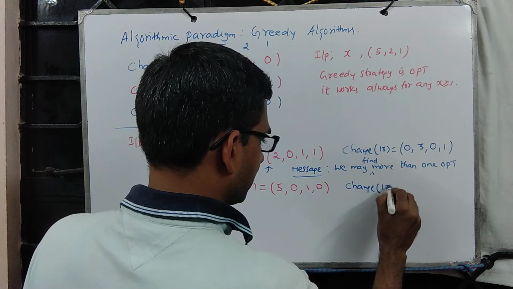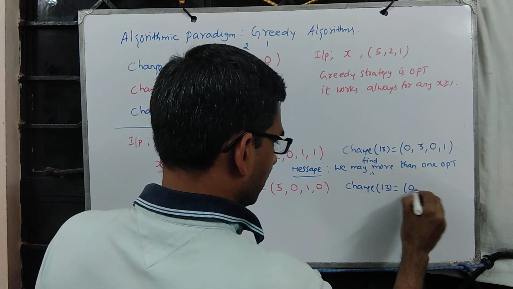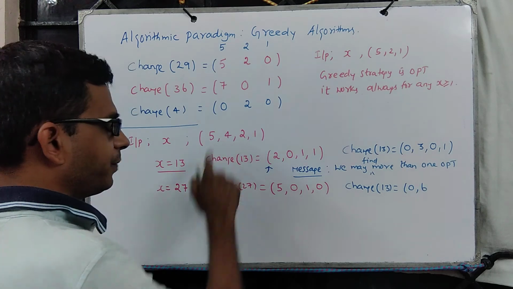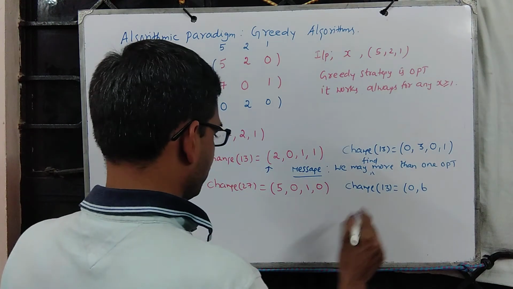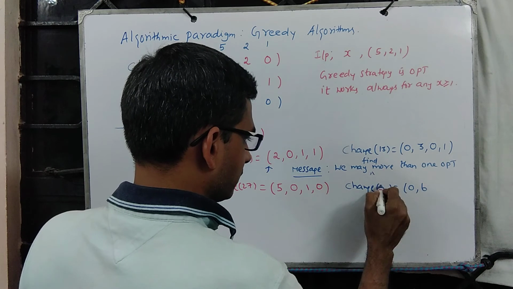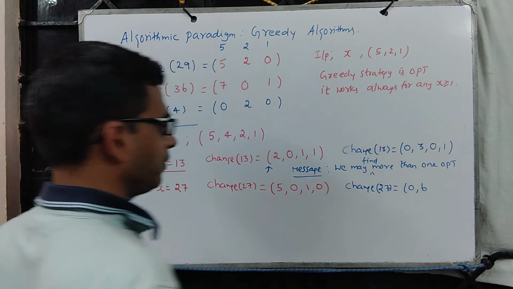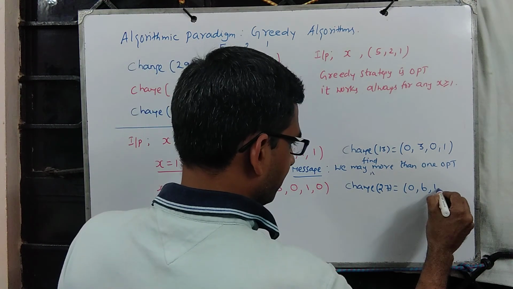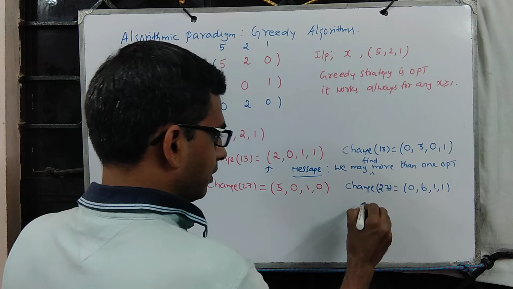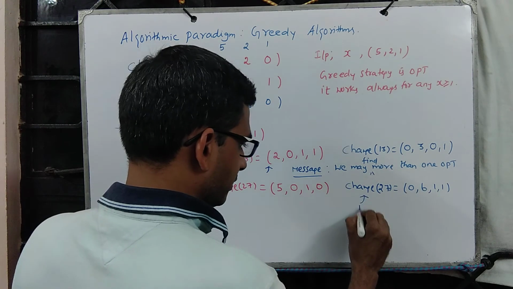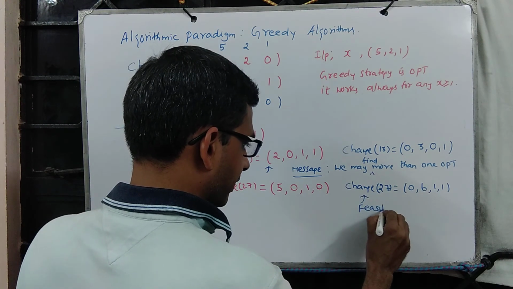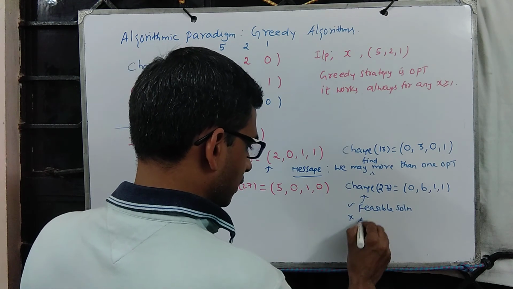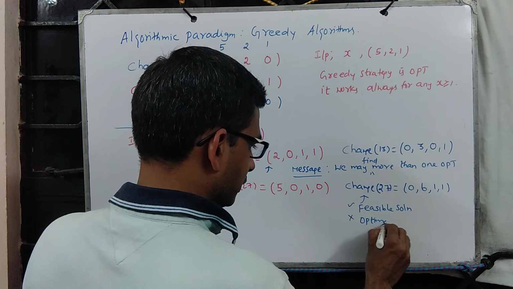So change for 27: let me use six 4 rupee coins. So that gives you 24. And after that we are left with 3. If you look at this, this is also a change. So this is something called a feasible solution, but this is not an optimal solution.